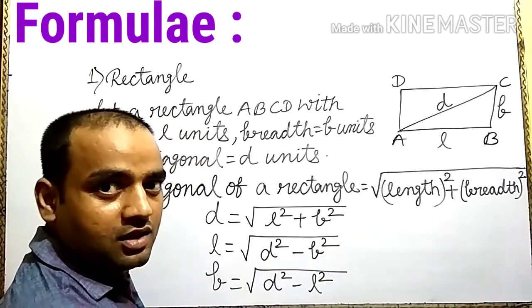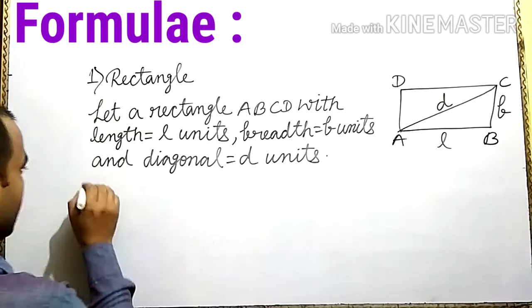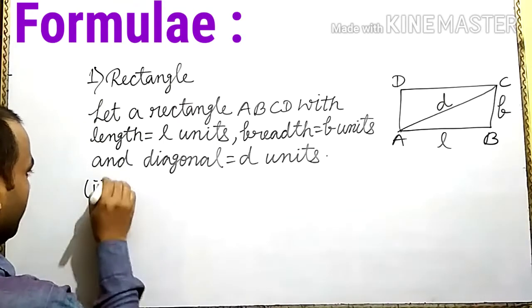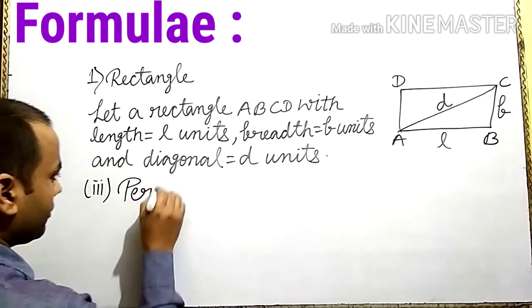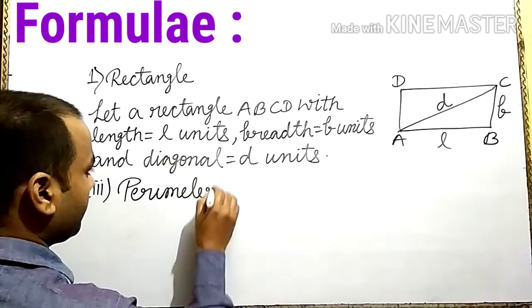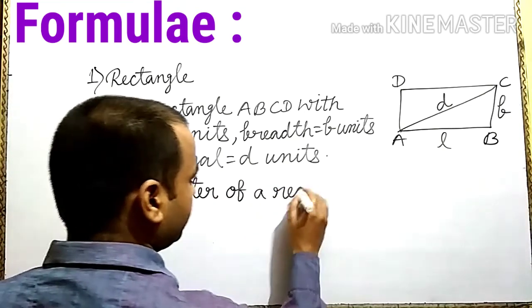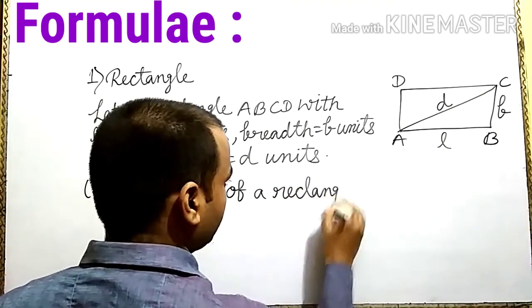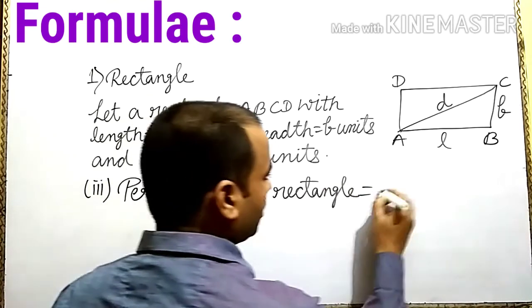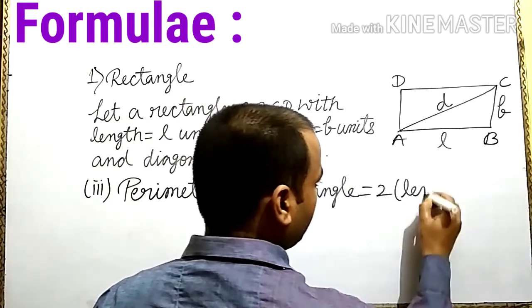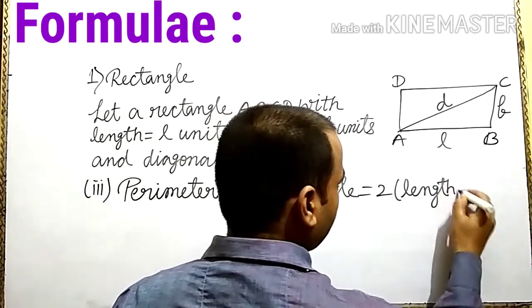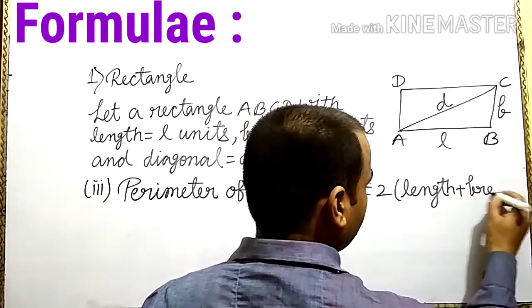Is it clear? Third formula of a rectangle. Perimeter of a rectangle is equal to 2 into length plus breadth.